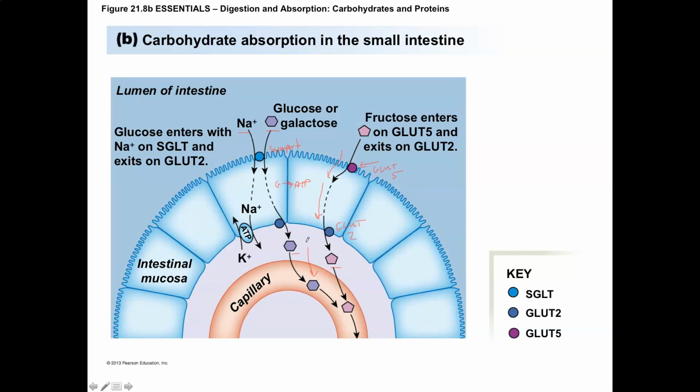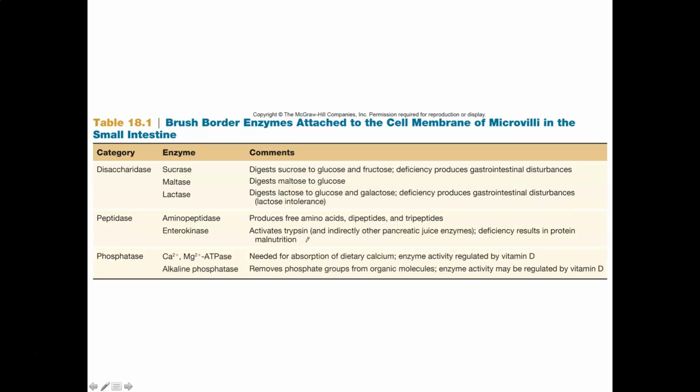Let's move on to protein digestion. So in protein digestion, we're looking at generating the monomers that we call amino acids. So we're going to be using some other types of enzymes for this. This diagram actually is a brush border enzyme diagram. So we just finished talking about the brush border enzymes, sucrase, maltase, and lactase. But you should also, again, be aware that there are other brush border enzymes.